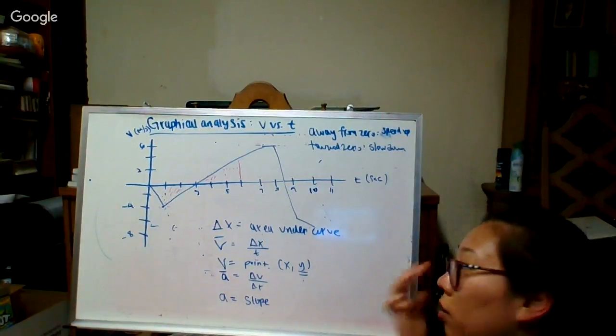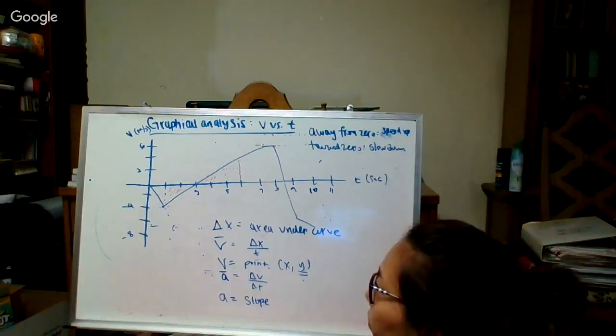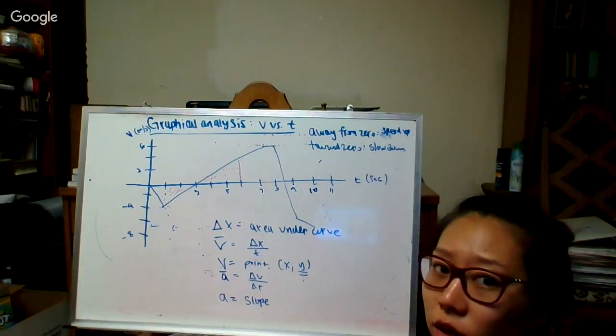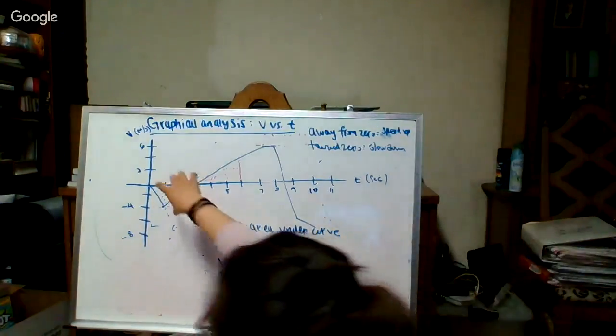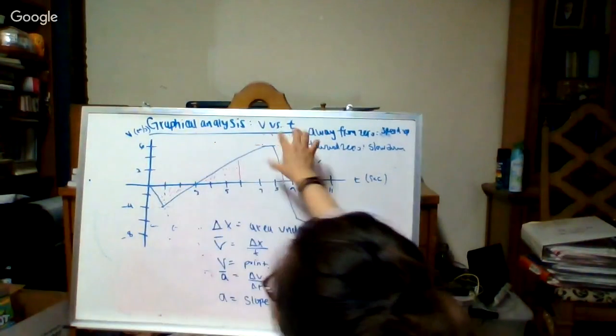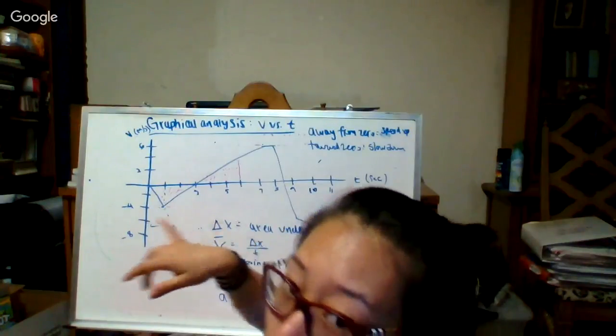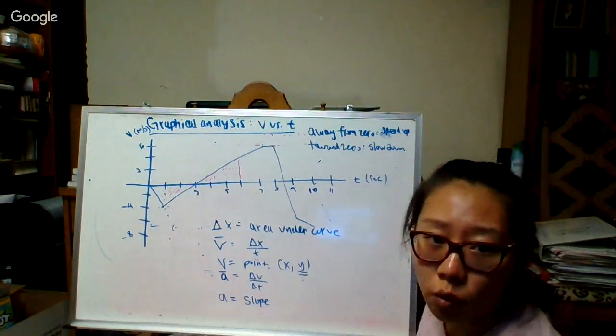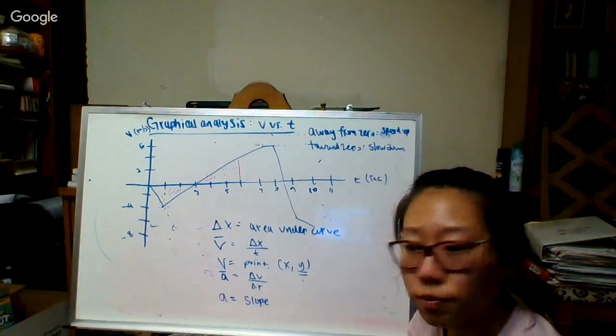And if we were plotting the acceleration versus time here, it would be the same deal. You get the slope of this, slope of this, slope of this, slope of this, slope of this. So you would get the same exact graph that I plotted for velocity versus time.